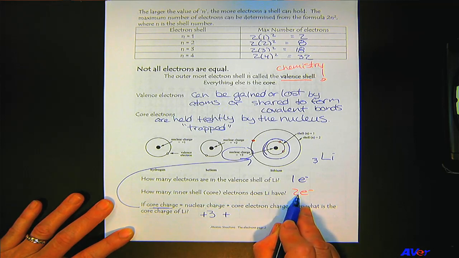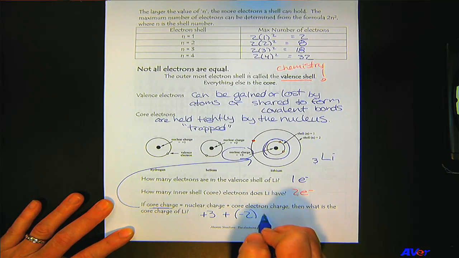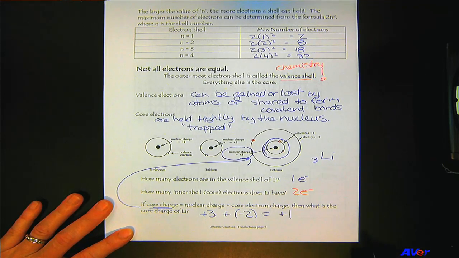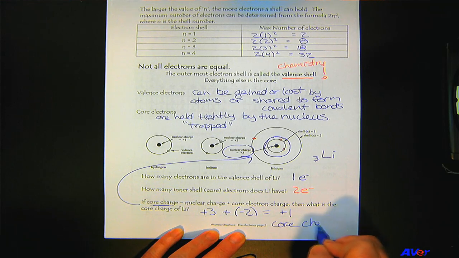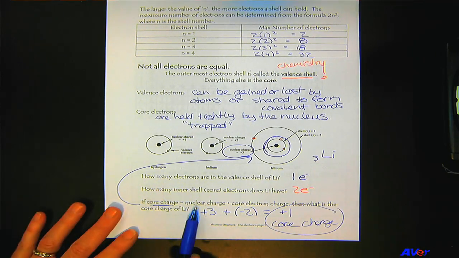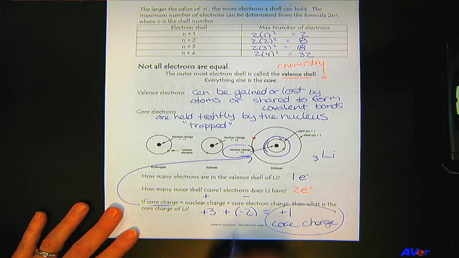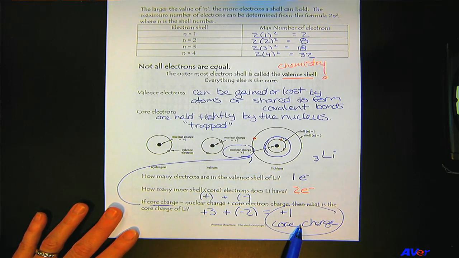Well, there were 2 core electrons, so our core electron charge is minus 2, so we get a plus 1. So the core charge of lithium is plus 1. Nuclear charge is a positive value, and core electron charge is a negative value. So the core charge will always be positive.